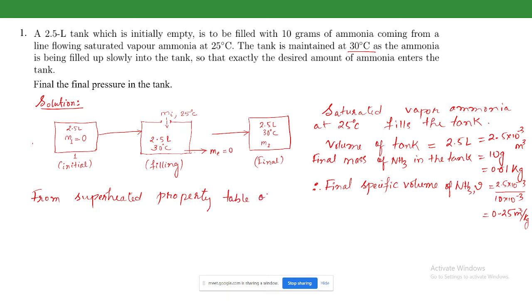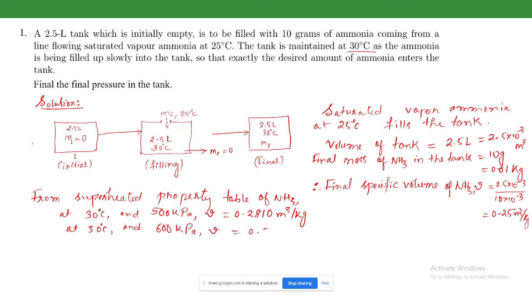we can say that at 30 degrees Celsius and 500 kilopascal, the specific volume is given as 0.2810 meter cube per kg, and at 30 degrees Celsius, so this is constant, and at 600 kPa the specific volume will be 0.2315 meter cube per kg.